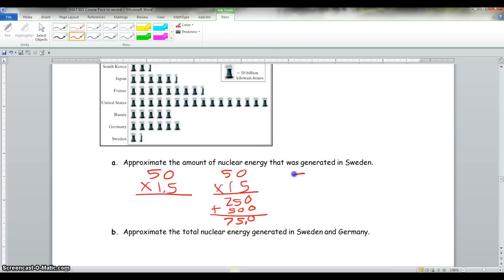So it'll be 75. And we know this is billion. 75 billion kilowatts per hour. So that is our final answer.